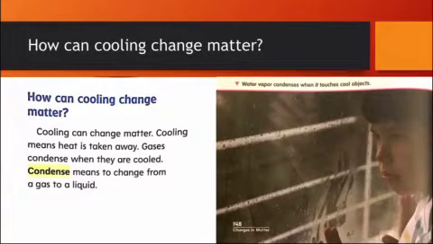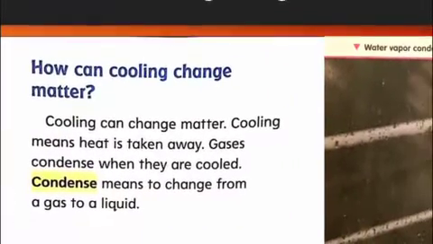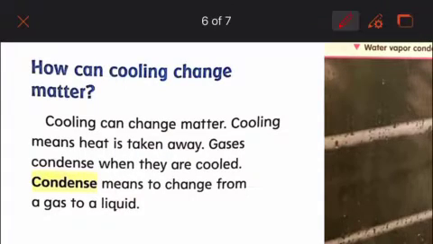How can cooling change matter? Open the next page. I am on number 148. So how can cooling change matter? Cooling means heat is taken away, right? Heat is taken away.